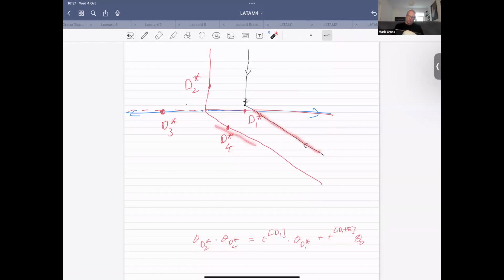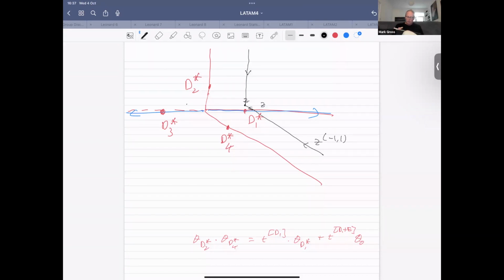It goes straight; I don't choose the one that bends, because the one that bends would give you canceling monomials. The monomial here is Z to the minus 1, 1.